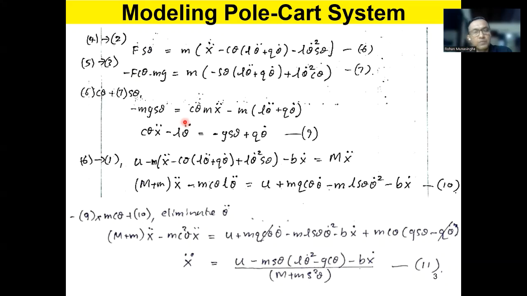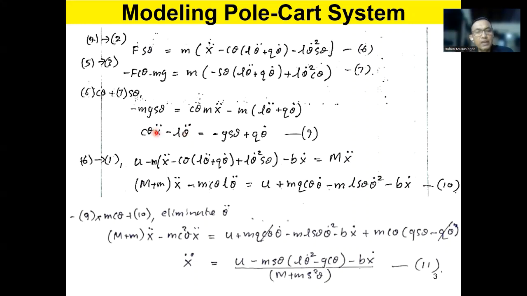Then you take x double dot, that is the highest derivative of linear motion, and theta double dot, that is the highest derivative of the angular motion of the pendulum. Cart motion, pendulum motion. The highest derivatives are second derivatives here.